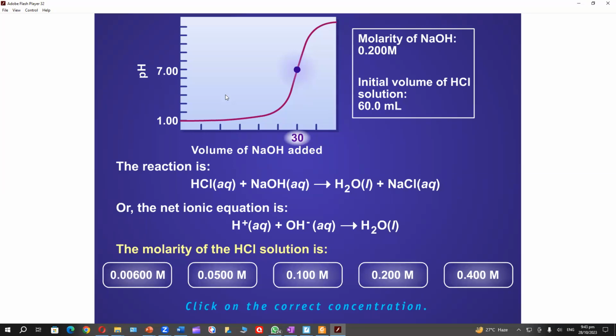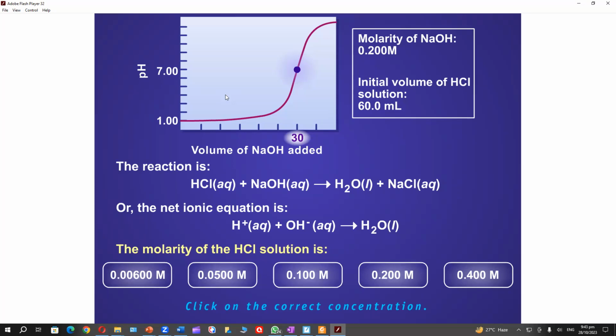The reaction is hydrochloric acid plus sodium hydroxide producing water and sodium chloride. Or the net ionic equation is hydrogen ions plus hydroxide ions producing water. From the mole ratio in the reaction above, you can calculate moles of HCl. Click on the correct concentration of the HCl solution.